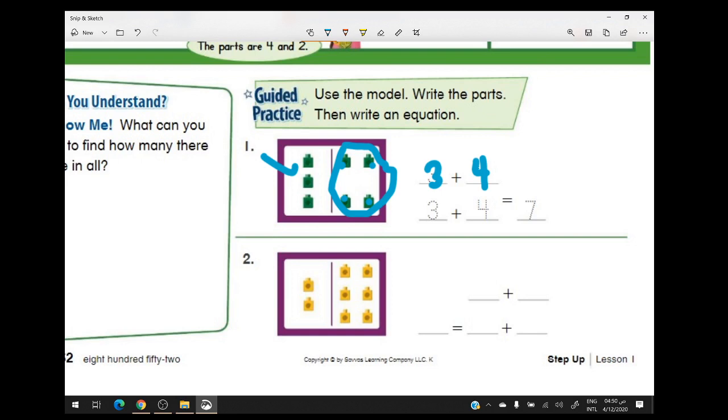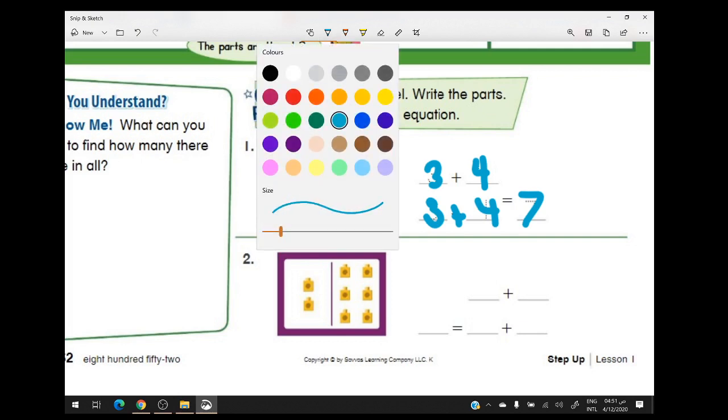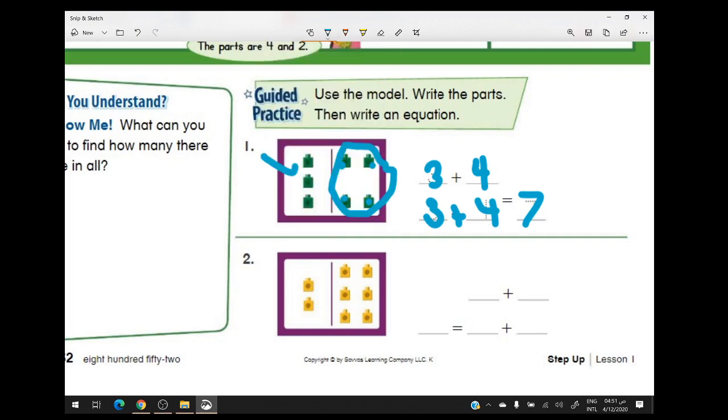So 4, 5, 6, 7 in all. Great job, everyone. So our equation was 3 plus 4 equals 7, right? I will make it thinner, then my writing will be more clear.